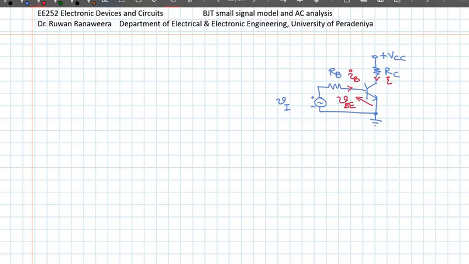This is IC, capital C, includes both AC and DC components. The output is V capital C, which includes both AC and DC signals.